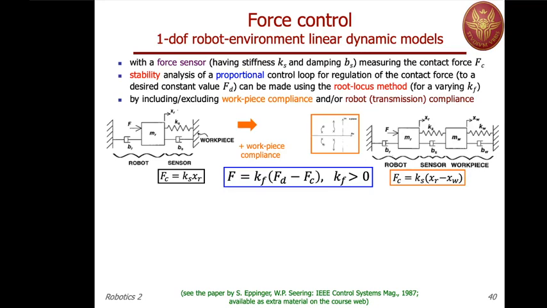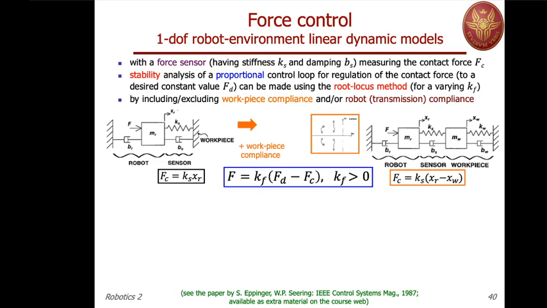So workpiece compliance means the following: the work is described by an extra mass mw, W stands for workpiece, which is anchored to a fixed position by a stiffness kw and another damping in general, bw. Now the damping can be eliminated in principle, but there is some damping somewhere. But let's keep with this.